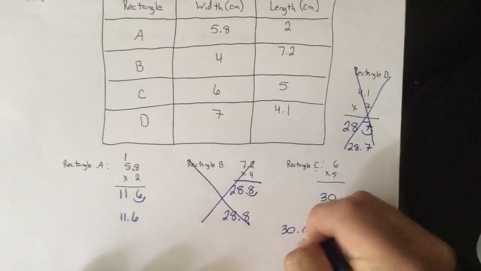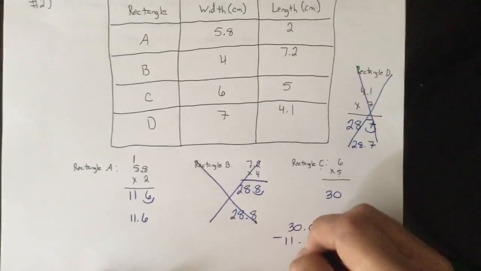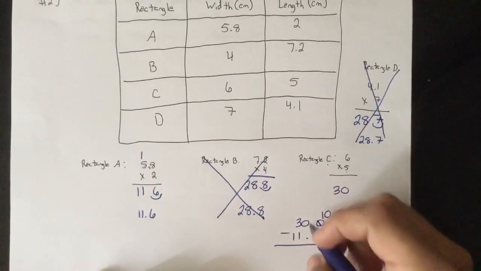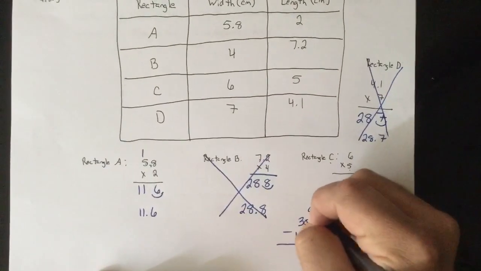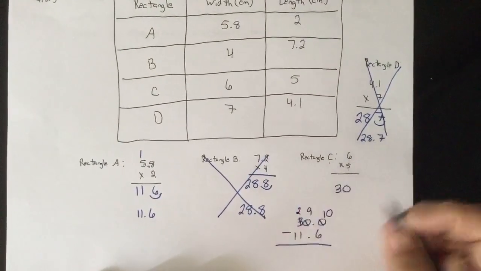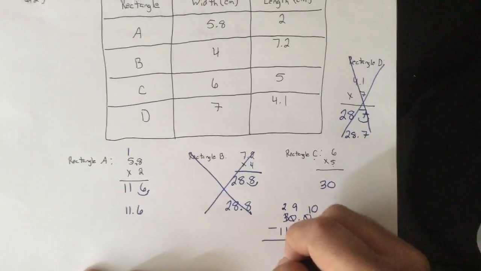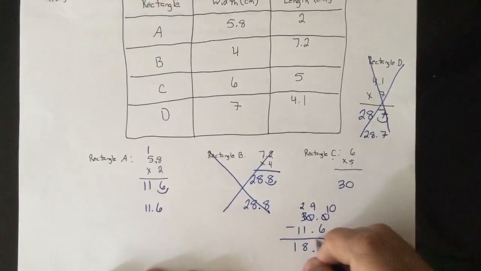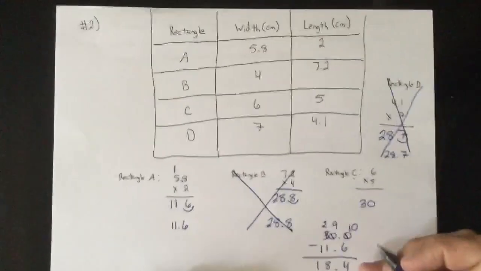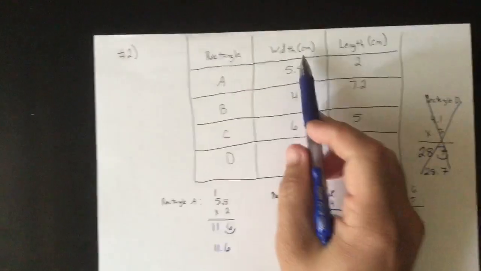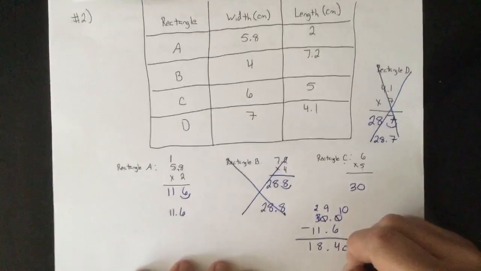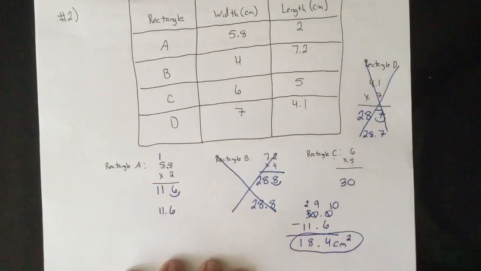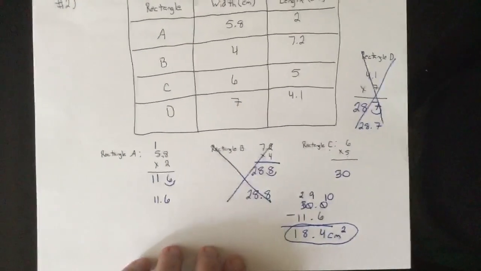So 30.0 minus 11.6. So this will be a 10. This would be a 9. This would be a 2, 4, 8. You should get 18.4. And I don't remember what the units were. So oh, it's centimeters. I'm sorry, there it is. Thank you, sweetie. It's centimeters squared. The difference is 18.4 centimeters squared.